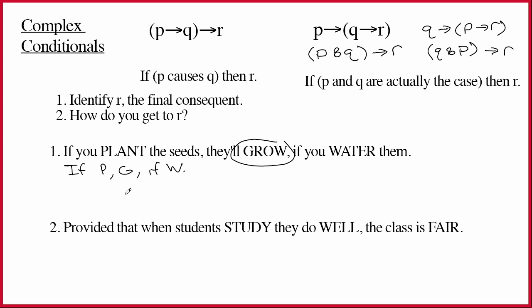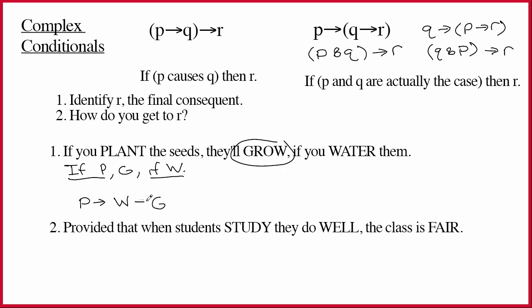G is going to come last. Now, you can do this intuitively, but notice in this particular example, the P and the W both have ifs in front of them, well, that's a good indication that they can't come last. What follows if has to be an antecedent, and so the sentence is superficially giving it away that G comes last. Now, if you know what comes last, it turns out that it's rare that you need to change the order of the other two components.